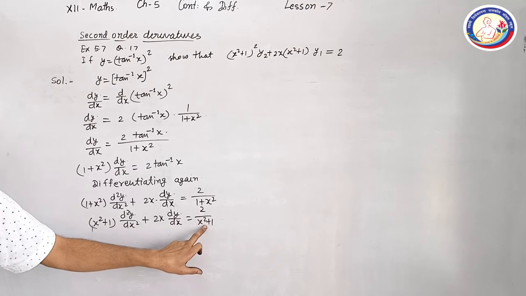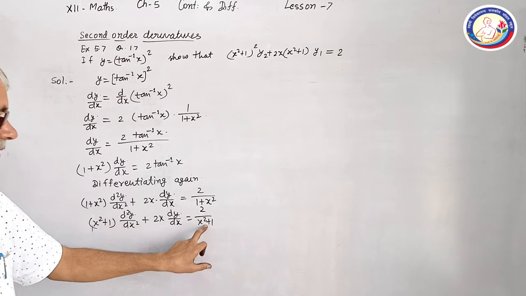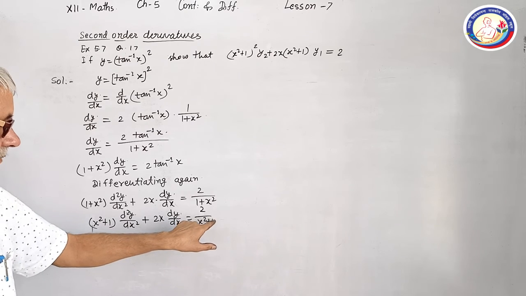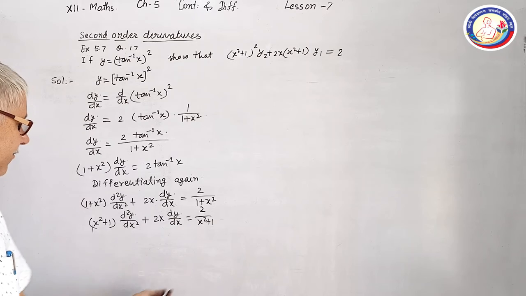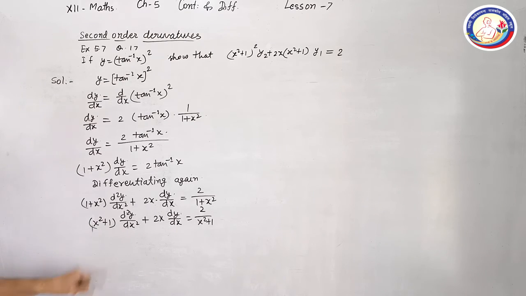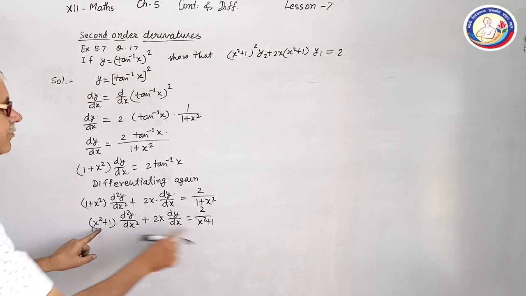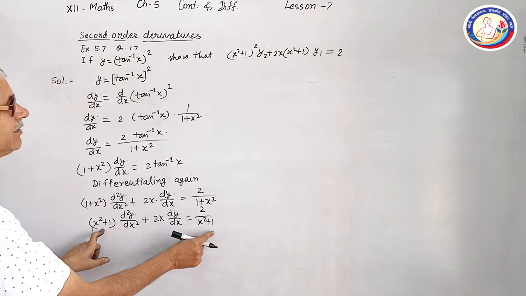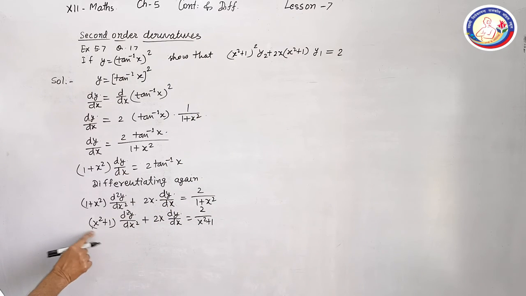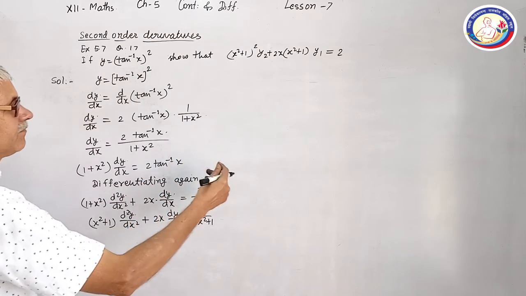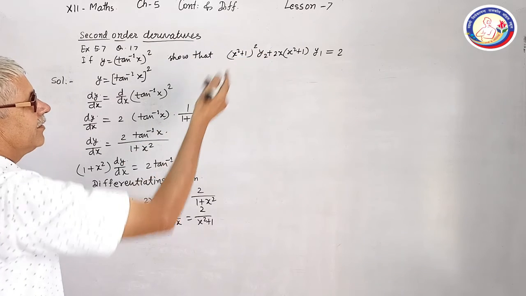So how can we replace this by 1? If we multiply this by x square plus 1, so for this, you can see here, we want the square of this. So both these on observation lead us that we are required to multiply this whole equation of derivatives by x square plus 1.